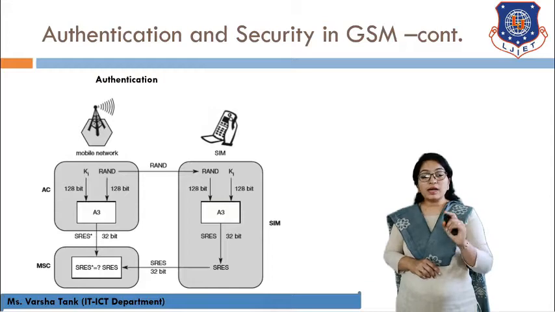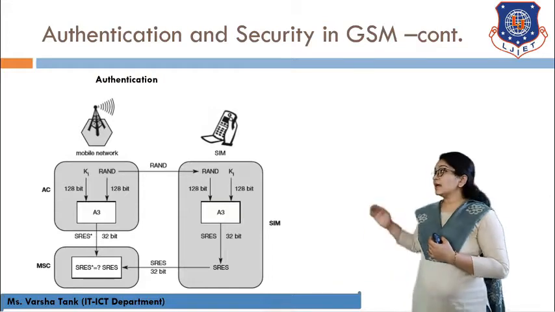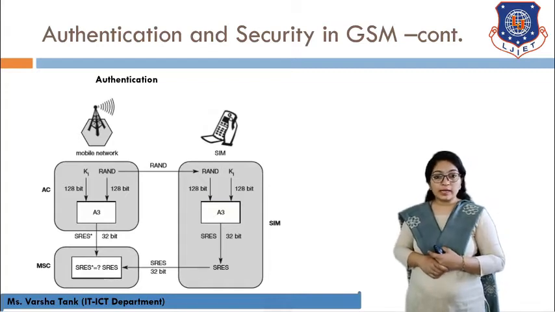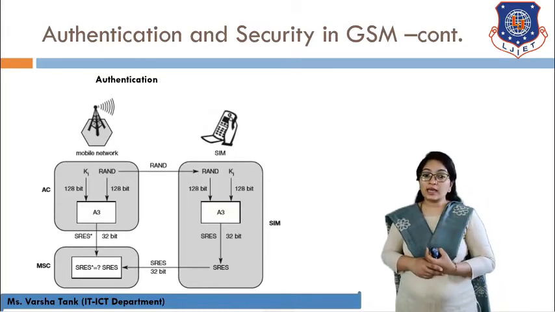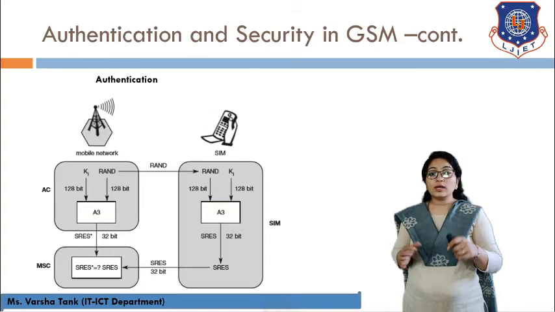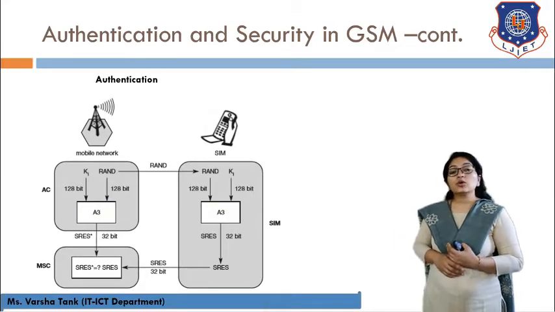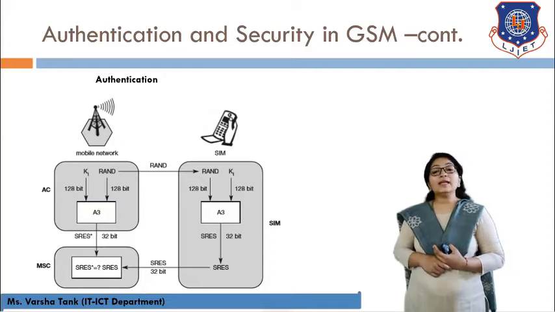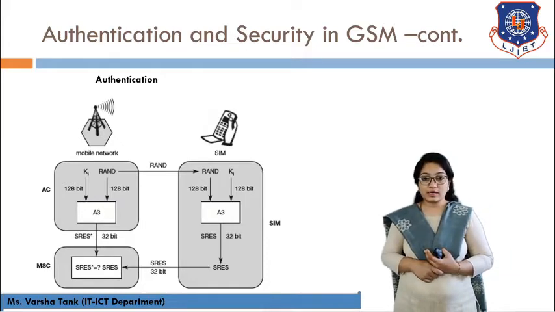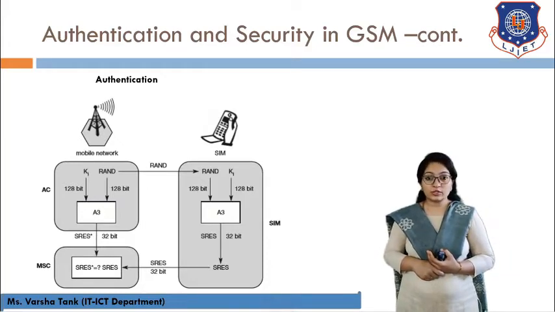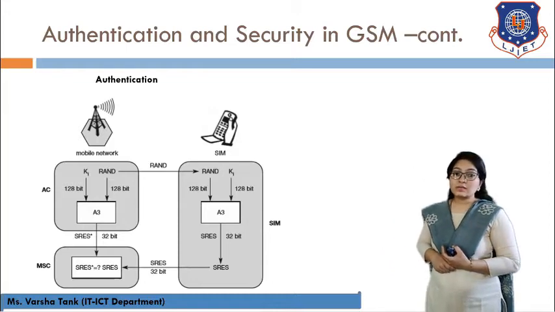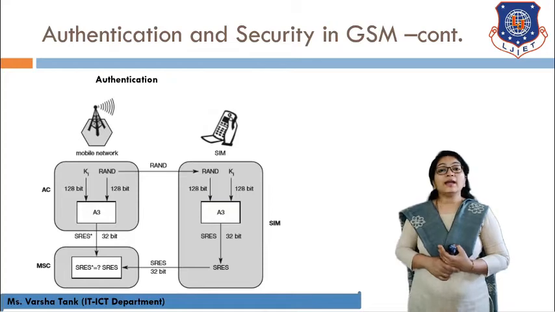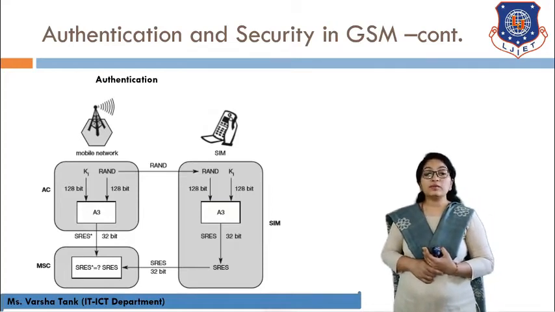So the algorithm stored in the SIM will accept this random number, which is again 128-bit, and the secret key Ki is also stored in the SIM card. So A3 will use these two different inputs and generate one SRES, that is, the signed response.